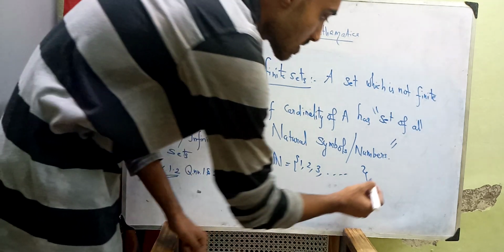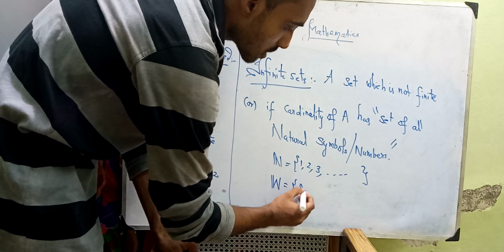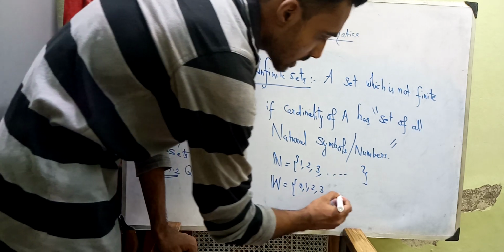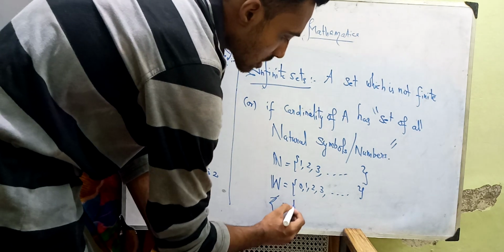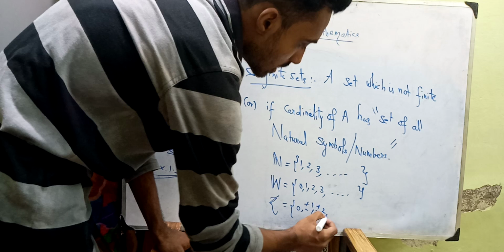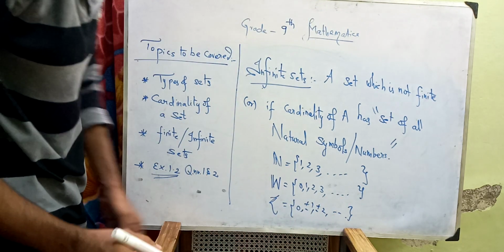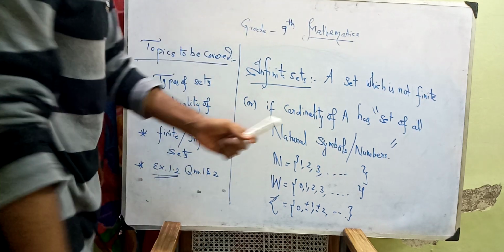Like natural numbers are an infinite set, whole numbers are also an infinite set because 0, 1, 2, 3, only 0 is included here. The set of all integers is also an infinite set, 0, plus or minus 1, plus or minus 2 and so on. These are all infinite sets. Even the set of real numbers is also an infinite set.